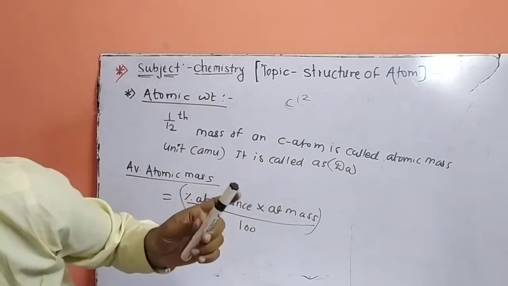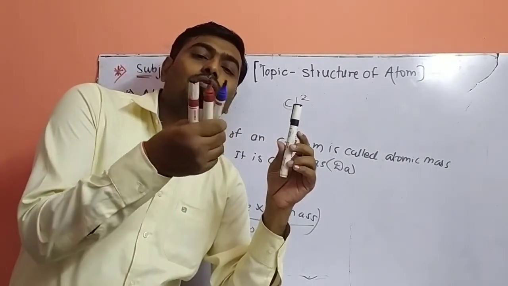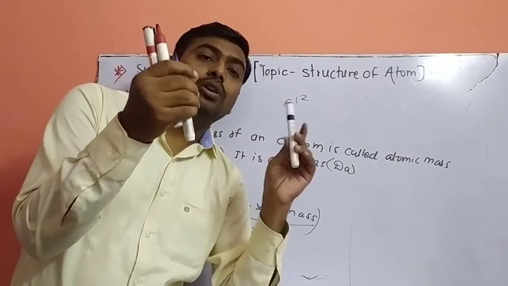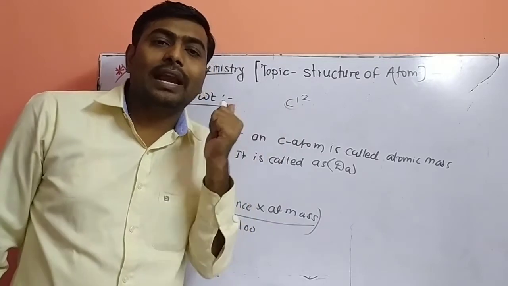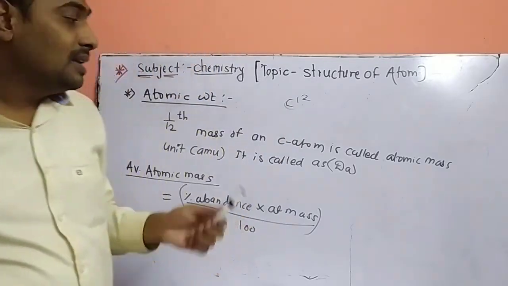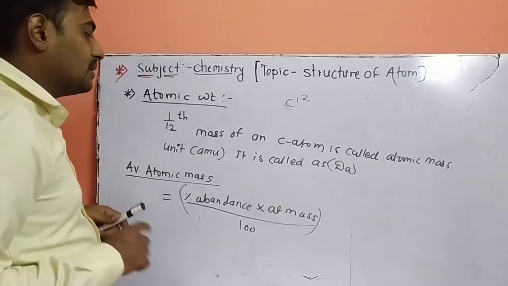If you are counting this atom, its mass is 4 times that of this atom. What it means is that this is a standard species to count the other species. Same with carbon: carbon is a standard element to count other species.